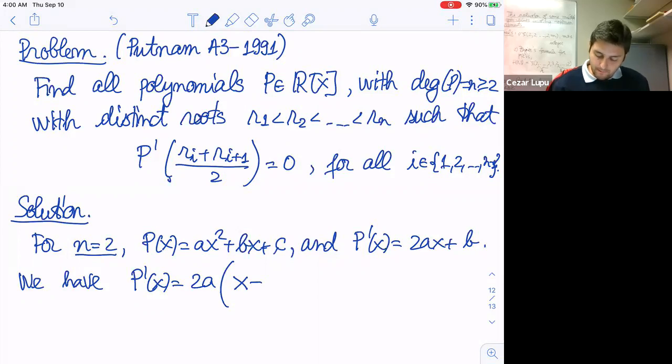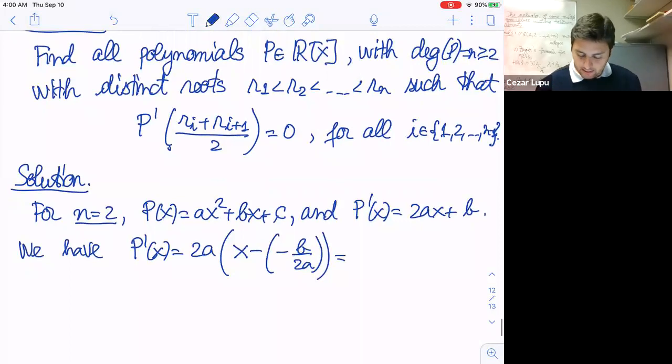Okay, let me write it in this way so that it's quite clear. Minus b over 2a. But we know from Viète's relations that b over a is the sum of the roots, so this will be 2a times x minus r1 plus r2 over 2.